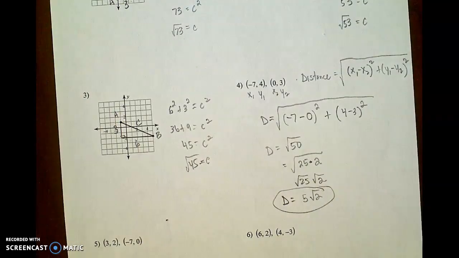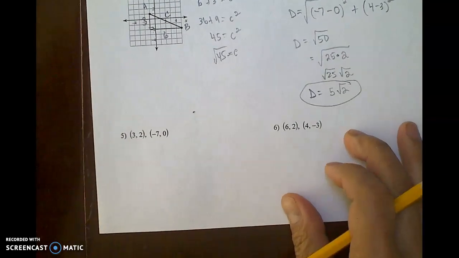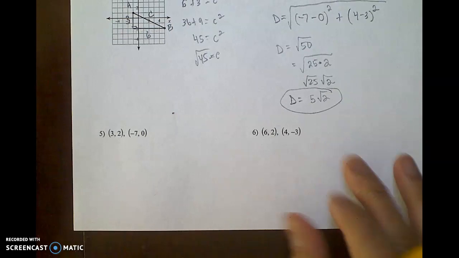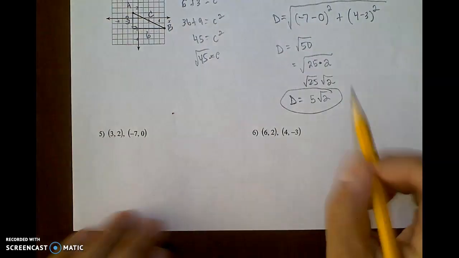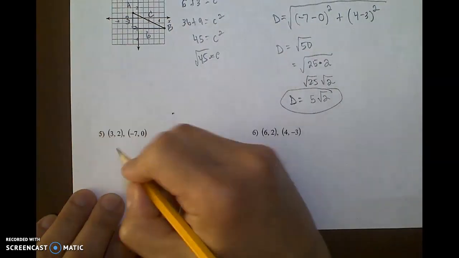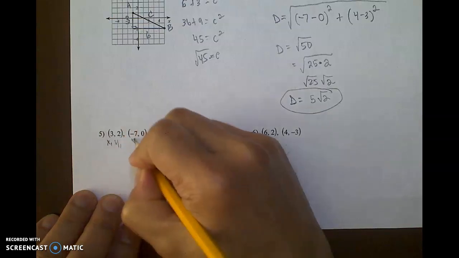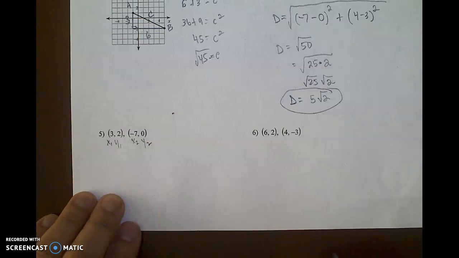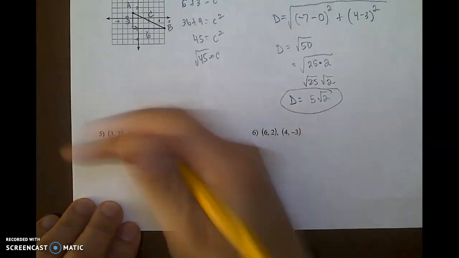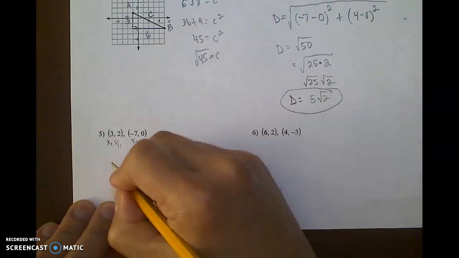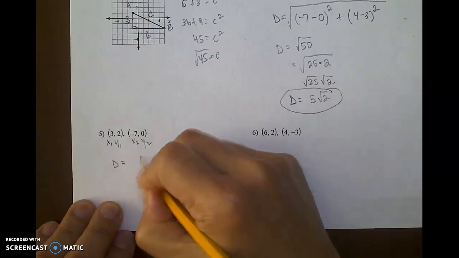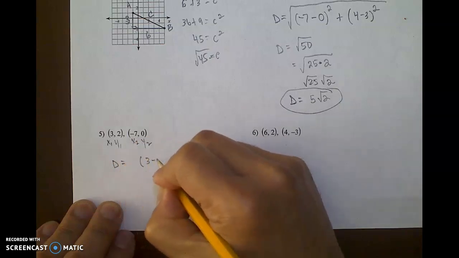Let's try that again with example number 5. Again, we are given 2 points that we want to find the distance in between, and they're not graphed, so we want to use the distance formula. I'm going to label this x1, y1, x2, y2. Plugging into the distance formula, we get d is equal to x1.